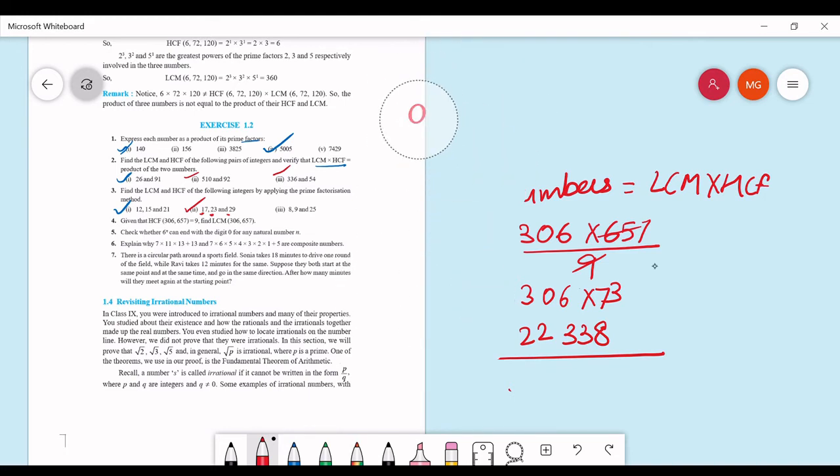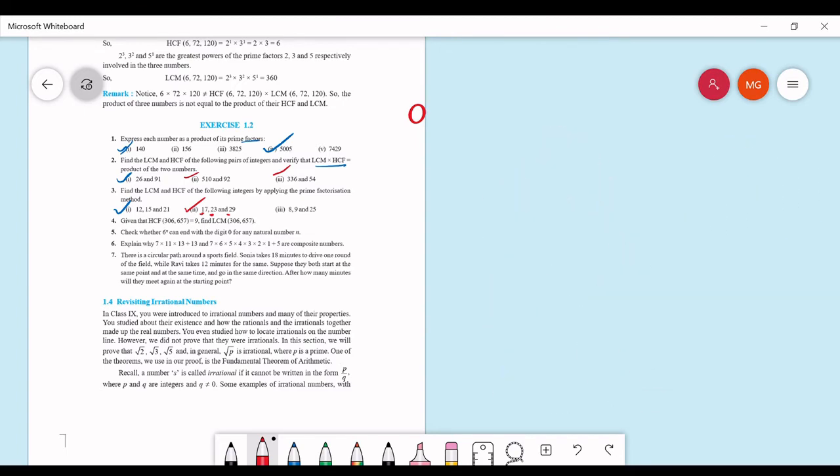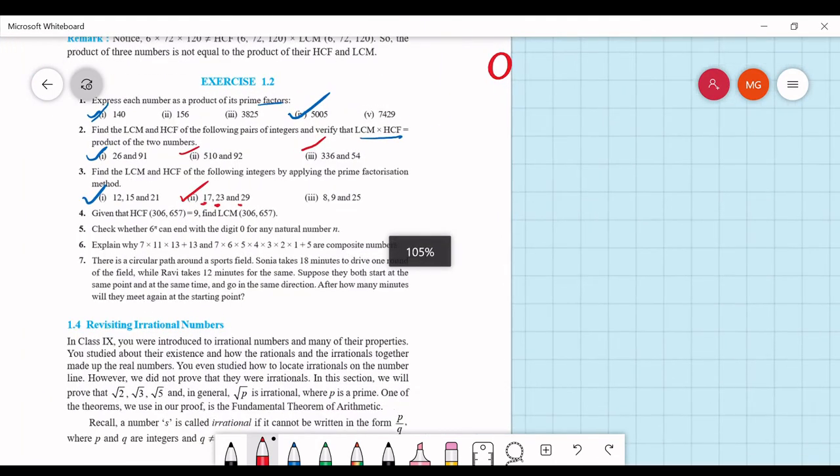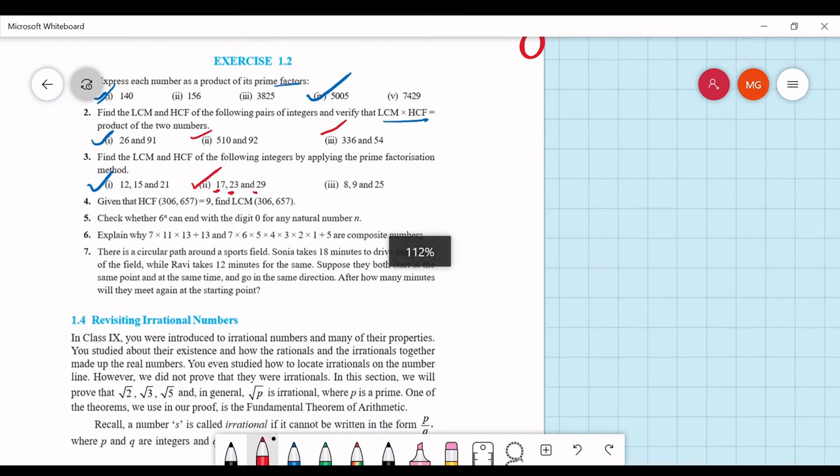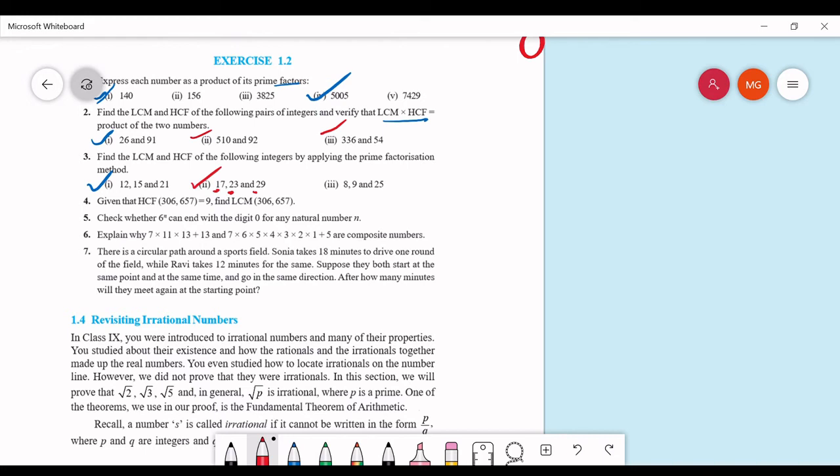Question number 5 is, check whether 6 to the power n can end with the digit 0 for any natural number n. Okay, so if you remember, in our previous video, we were doing an example for 4 to the power n, right? So for 4 to the power n, what did we do? We factorized 4, right? So factorizing 4, we got 2 to the power 2. Can we factorize it further? No, we cannot factorize it further, right?